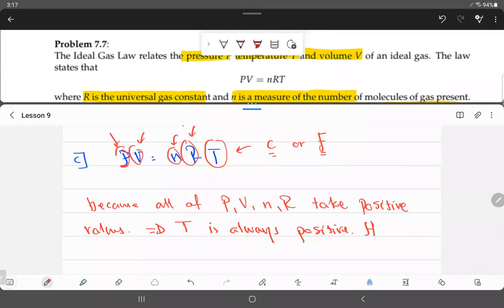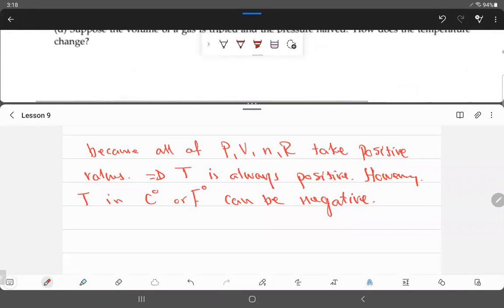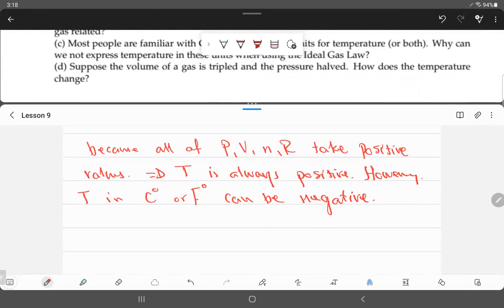However, temperature in Celsius or Fahrenheit can be negative. So that's why we cannot write this in Fahrenheit or in Celsius.